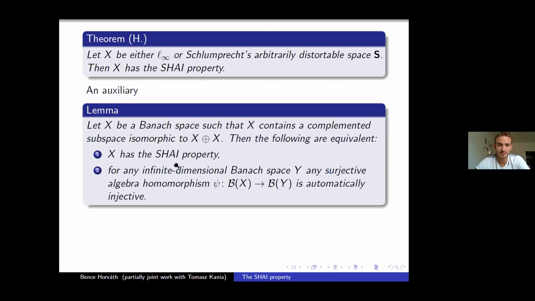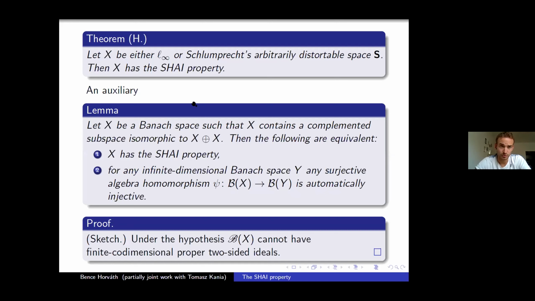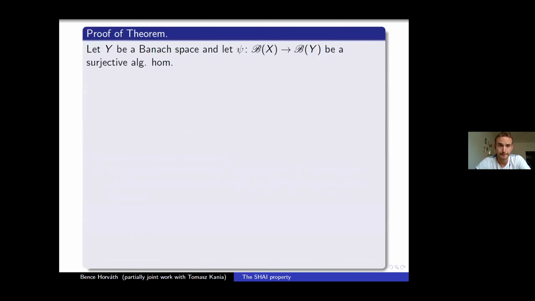So if X has the Psi property, that's equivalent to saying that for any infinite dimensional Banach space Y, any surjective algebra homomorphism from B of X to B of Y is automatically injective. So why is it true? It's because if X has a complemented subspace isomorphic to X squared, then B of X cannot have finite codimensional proper two-sided ideals, not only closed, but any algebraic ideal.